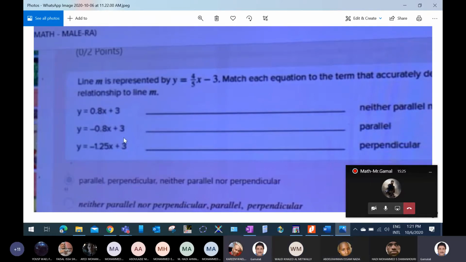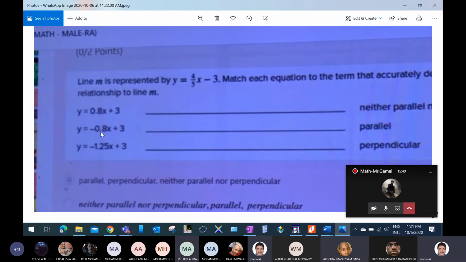The second one. What is the slope here? 4 over 5. What is the slope in the second line? Negative 0.8. Are they equal? No. Are they congruent?